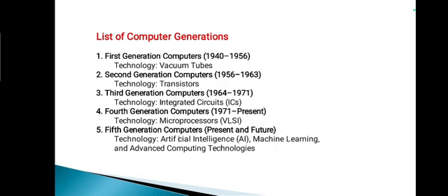The technology uses integrated circuits, ICs. The next one is fourth generation computers, 1971 to present. The technology uses microprocessors, VLSI. The next one is fifth generation computers, present and future. The technology uses artificial intelligence, machine learning, and advanced computing technologies.